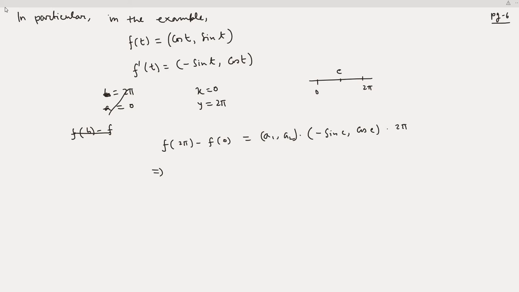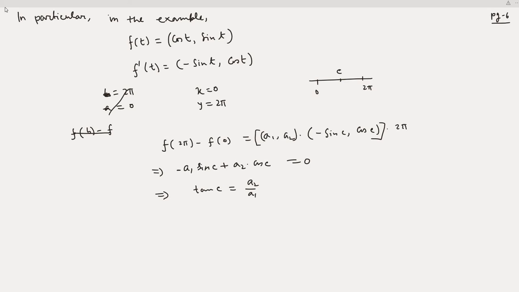So what is the value of this dot product? It is minus a1 sin c plus a2 cos c, and this is equal to 0 because 2 pi is not equal to 0. This implies tan c equal to a2 over a1, provided a1 is not equal to 0.